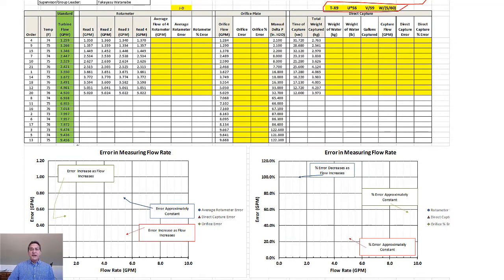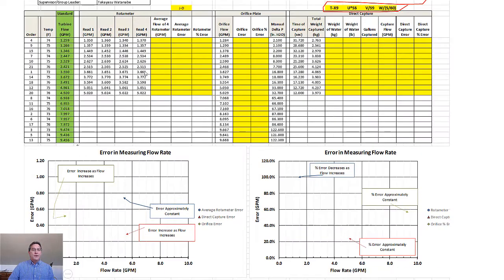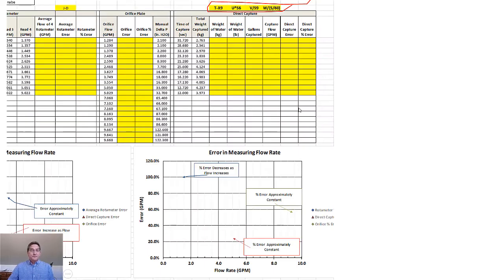So the spreadsheet that you are working on looks like this. There's one before it with the data static so you can see the numbers in there. But yours is going to look like this, so all these yellow places, you're going to go in and add equations. At the top of your spreadsheet, there's an equation for error and percent error if you forget, as well as these conversion factors. And right here, it's just reminding you how to do that equation if you don't remember.